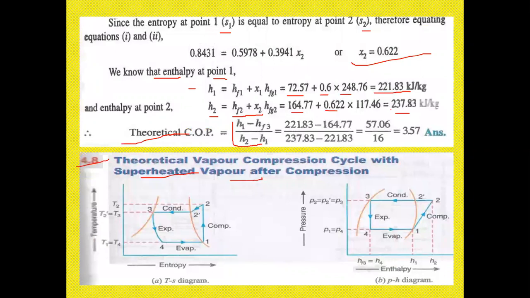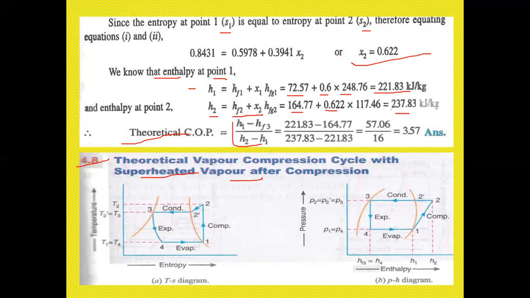Now see here the temperature-entropy and the pressure-enthalpy diagrams. On the temperature and entropy diagram, see the points 1, 2, 2 dash, 3 and 4. Here 1 to 2 is compression mode, 2 to 3 is condenser mode, 3 to 4 is expansion mode, and 4 to 1 is evaporator mode.